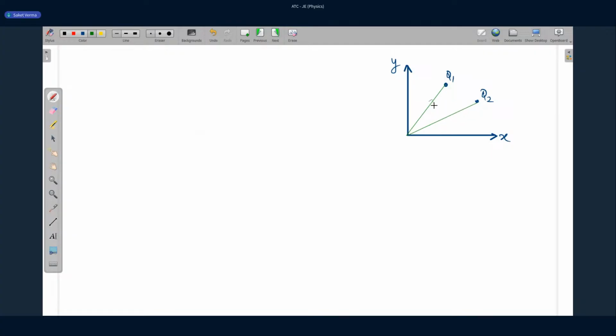These distances are known as position vectors. Now, what is the force between them? These two point charges are separated by some distance, and because they are both positive, they will repel each other.